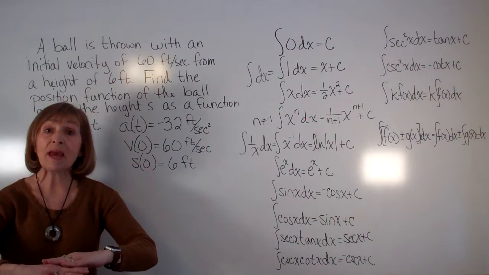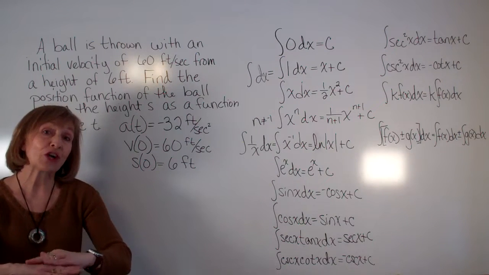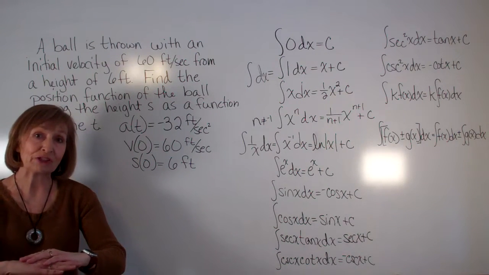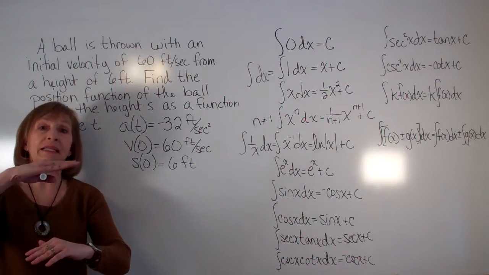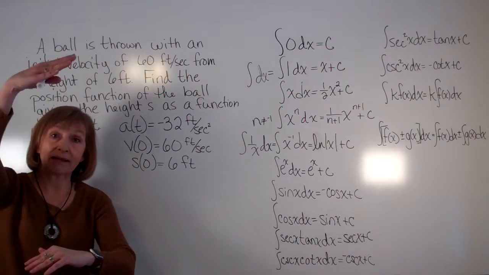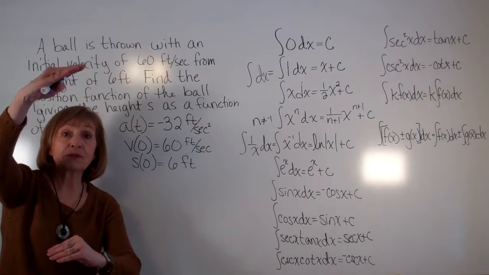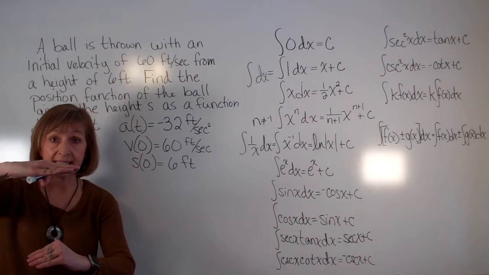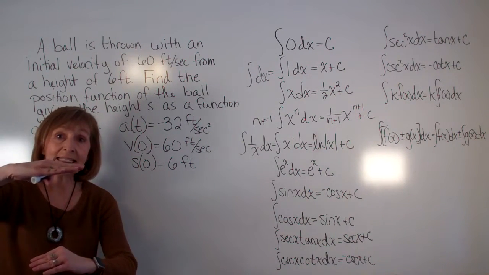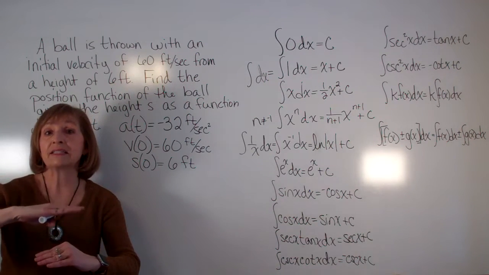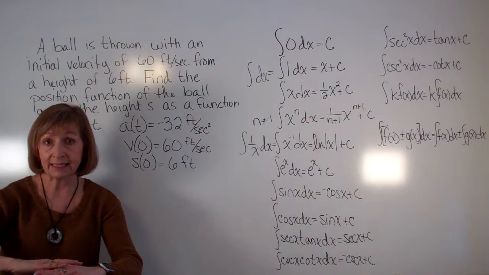Now, going backwards, we're starting at the acceleration function and we want a process to take us back up to the position function. So position function's derivative is instantaneous velocity. The instantaneous velocity's derivative is our instantaneous acceleration.